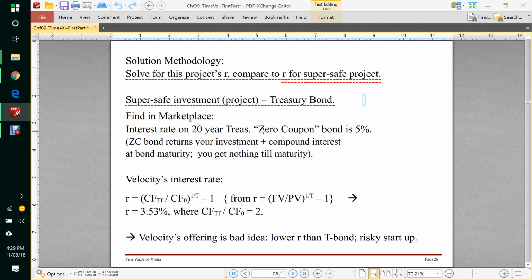Okay, so what we need to do is go out and look on Bloomberg or Yahoo Finance or Google Finance, the interest rate we would get on a 20-year treasury bond, and we specifically want a zero coupon bond. Why?